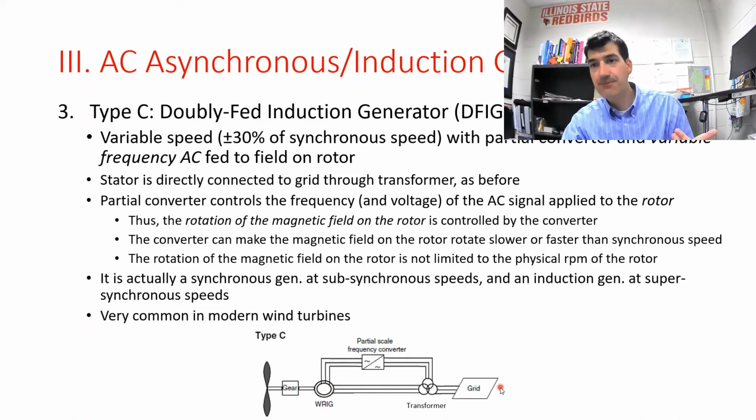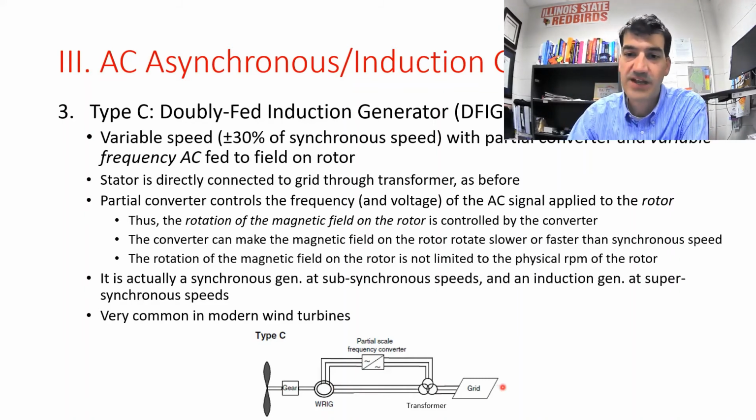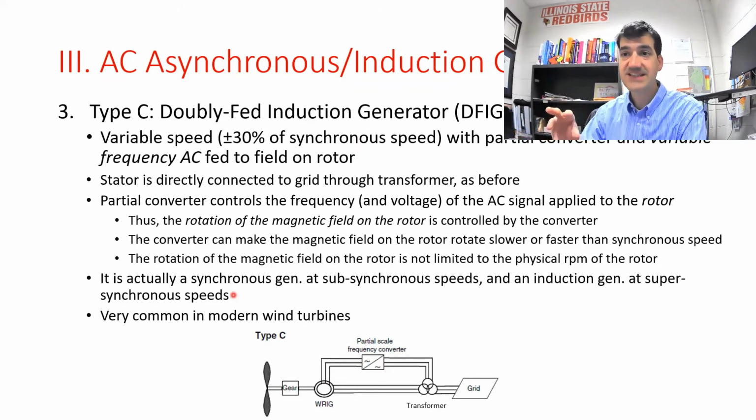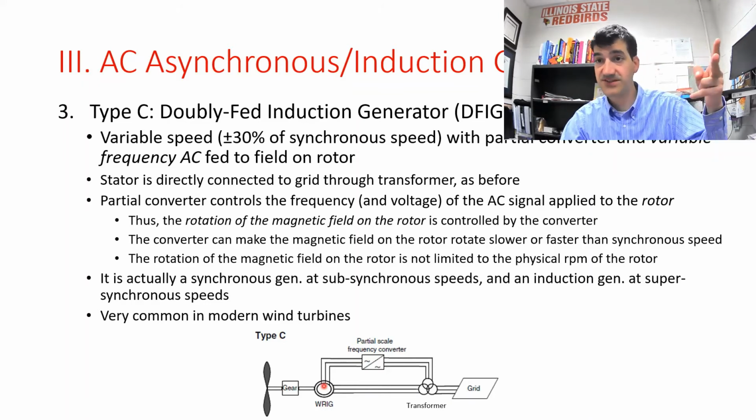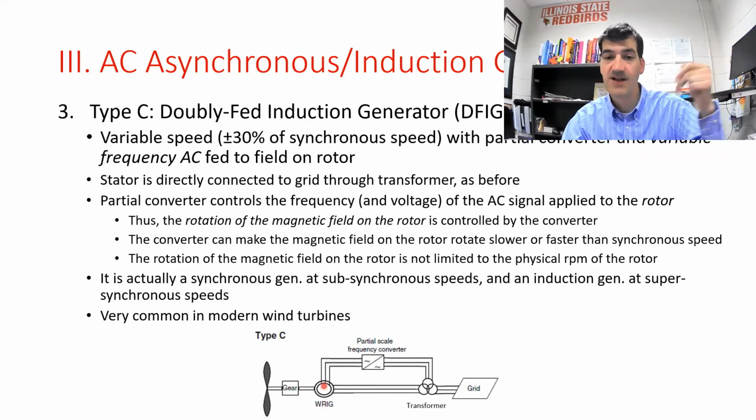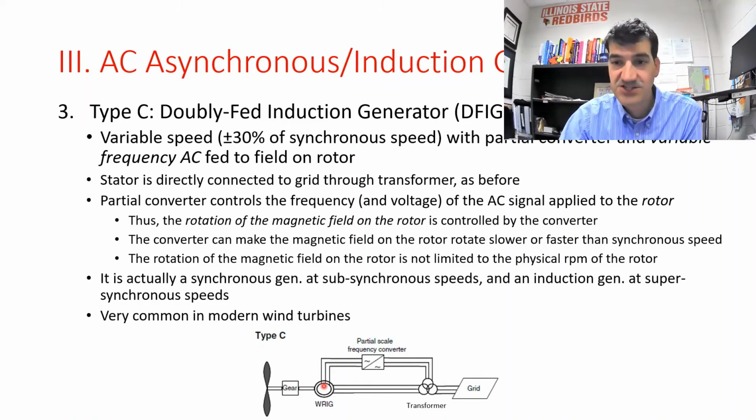It's actually the opposite in some respects when it's at super synchronous speeds. That means when the rotor is physically rotating greater than 1200 RPM, what actually happens then is you induce a voltage on the rotor itself, similar to what we did in the first two designs, the squirrel cage or the wound rotor. And in that case, it's operating more as an induction generator because I'm inducing a voltage on the rotor windings, and we actually use that.